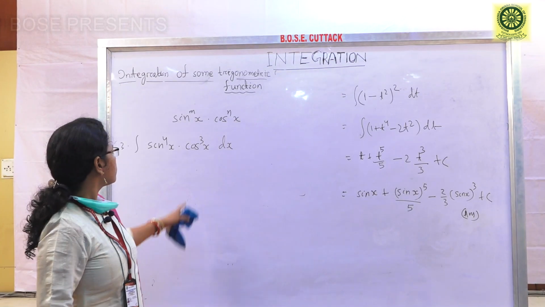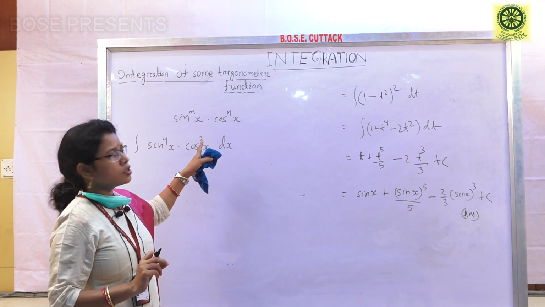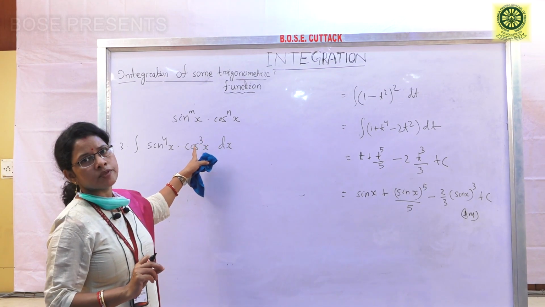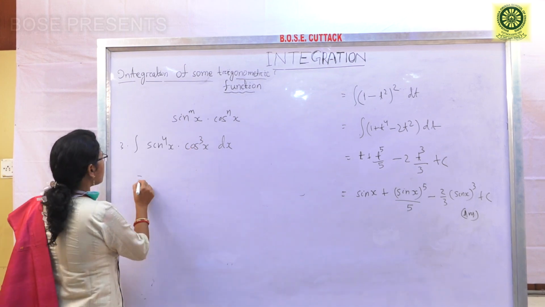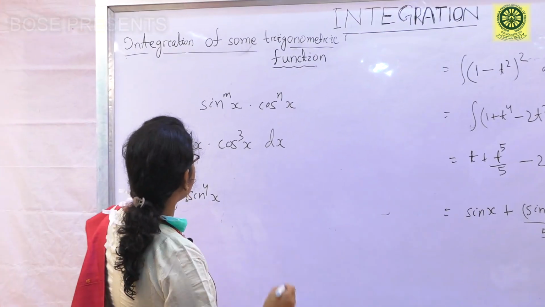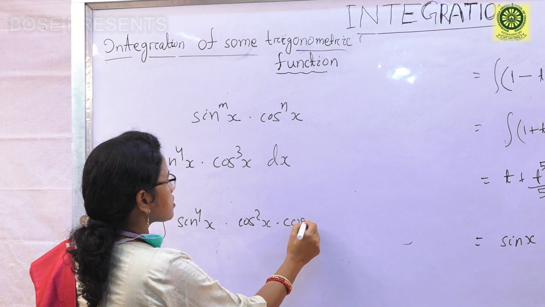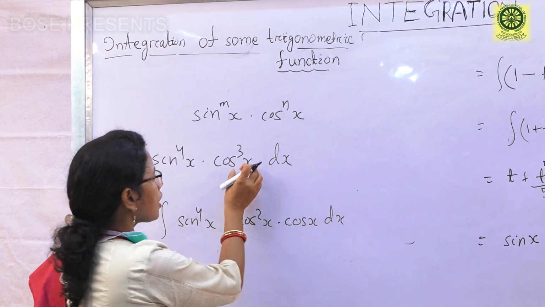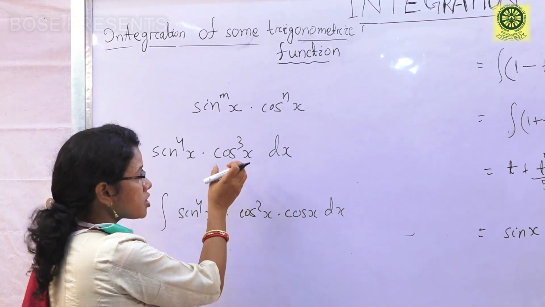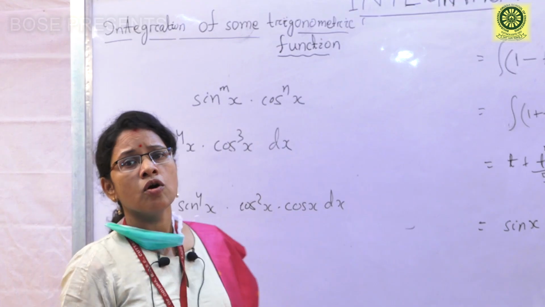Here the power of cos is an odd number, so just take out one cos from this. So our integrand will be sin to the power 4x into cos square x into cos x dx. Just take out one cosine function from this, so this will be cos square x into cos x.